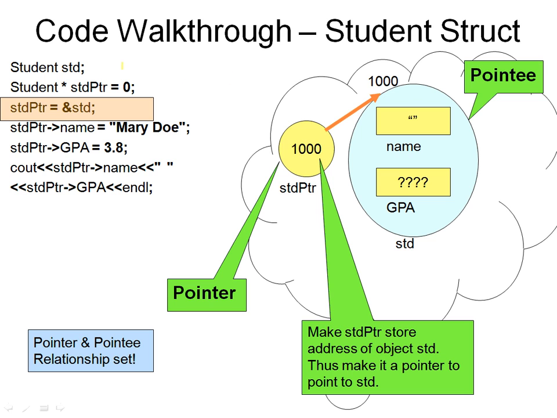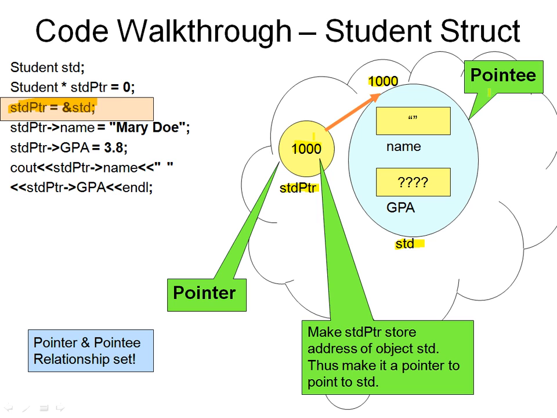Now I remove the orphanness of stdptr because I make it store the address of std. The address of std was 1000. As soon as I make this assignment, the stdptr pointer stores 1000, the address of object std.